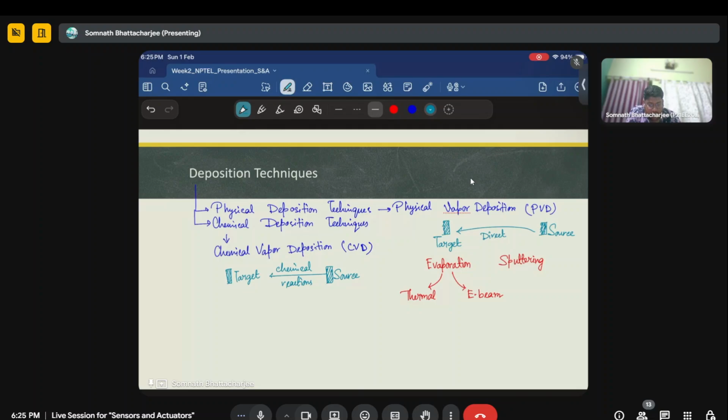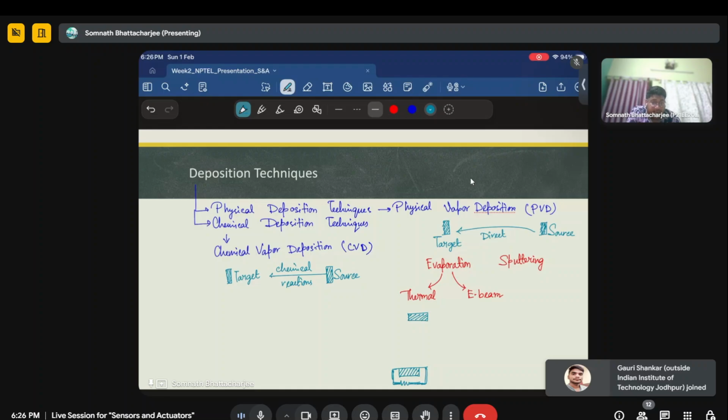So in thermal evaporation, your substrate or the sample is put on the top side of the chamber, and in the bottom side there is a resistive boat. This boat is heated through resistance with a very high flow of electrical current. This boat has a very high melting point.